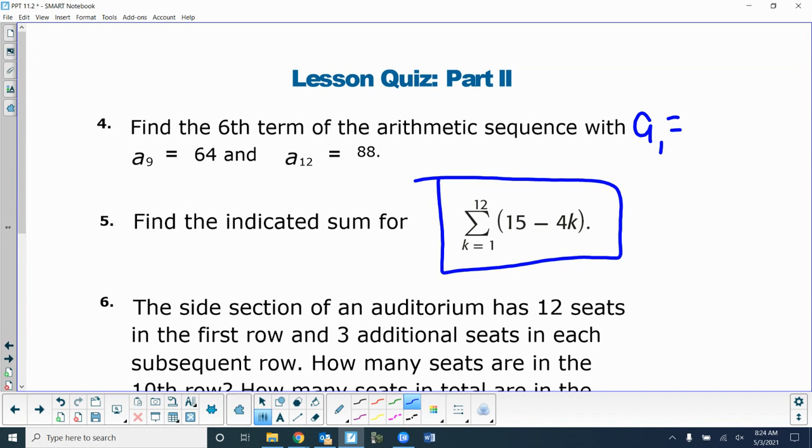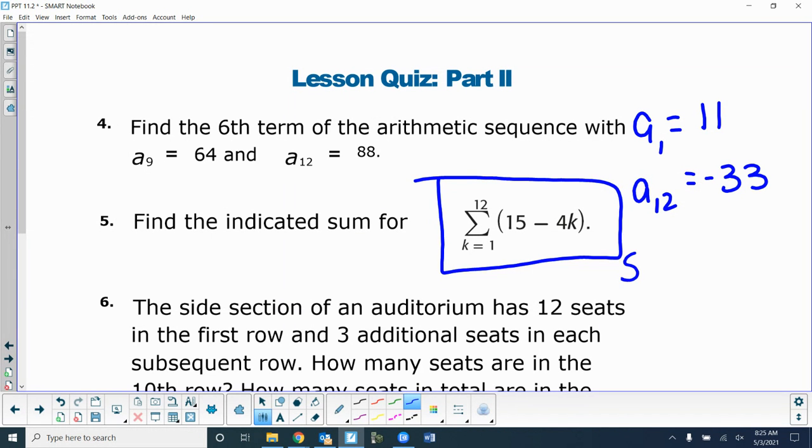What do I put in for K? 1. So what's 15 minus 4? 11. 12th term, what do I put in for K? 12. What's 15 minus 48? Negative 33, right?